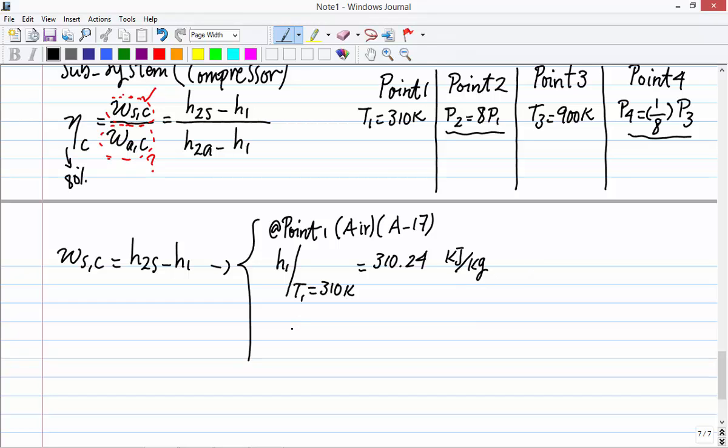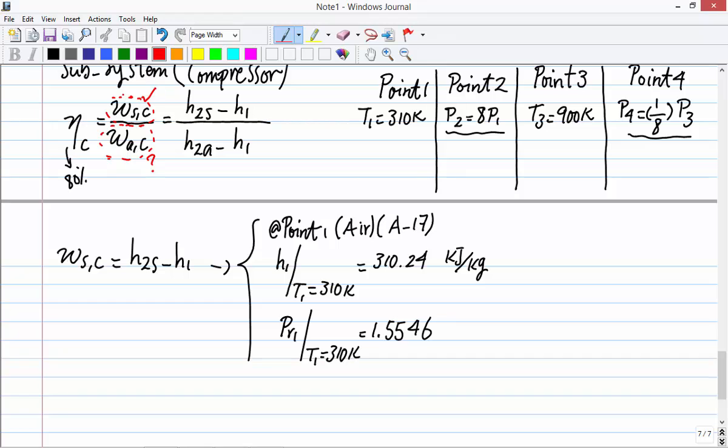And also PR1 at the same temperature is 1.5546.